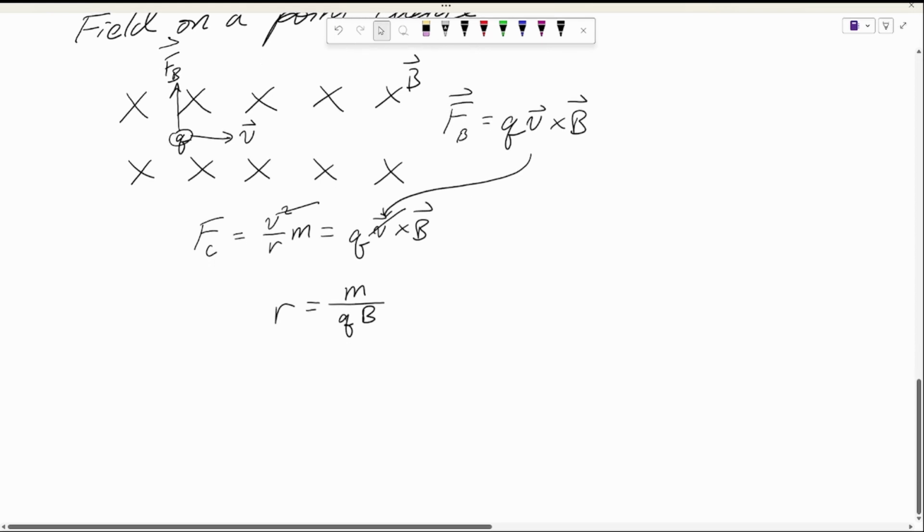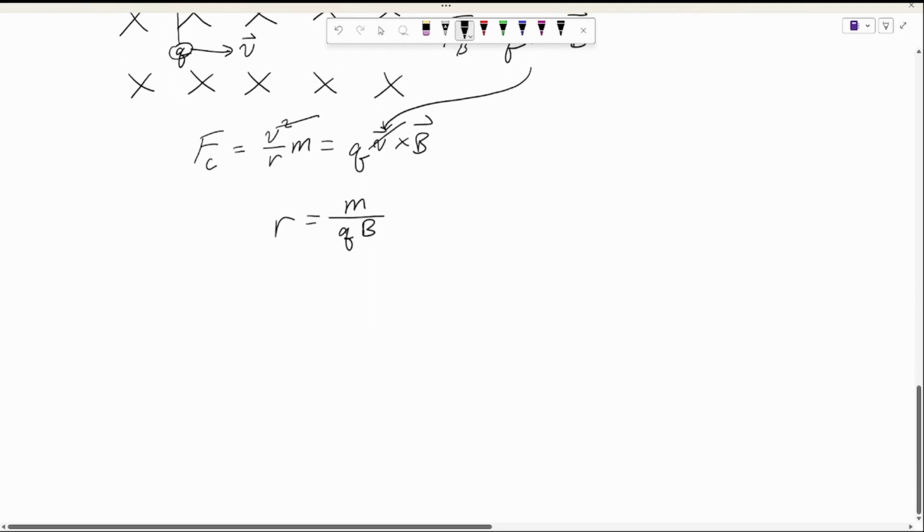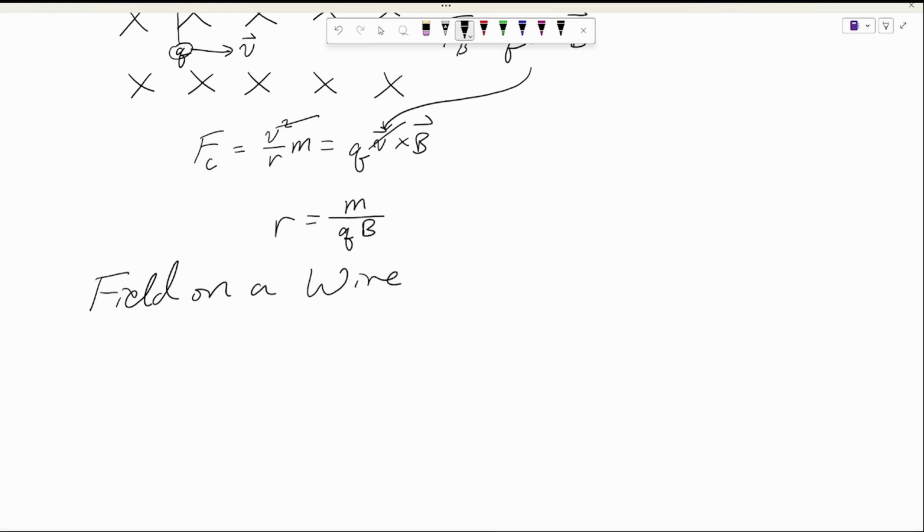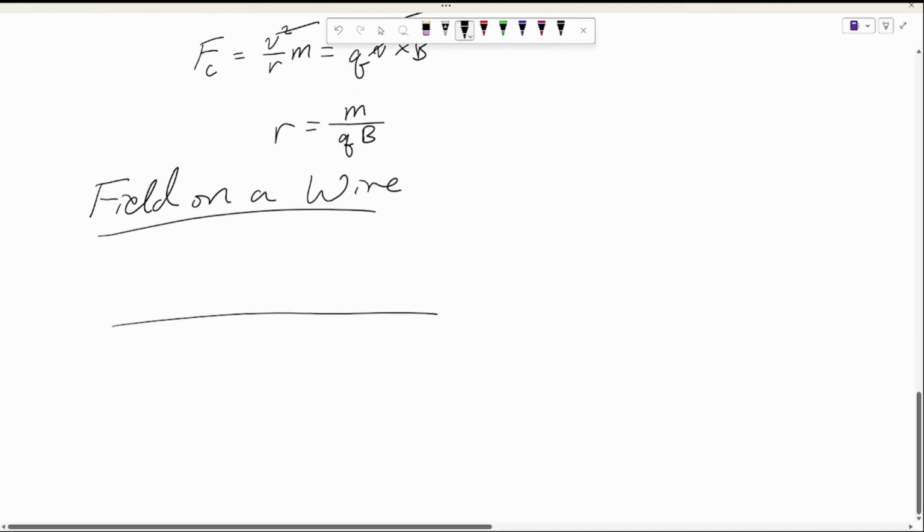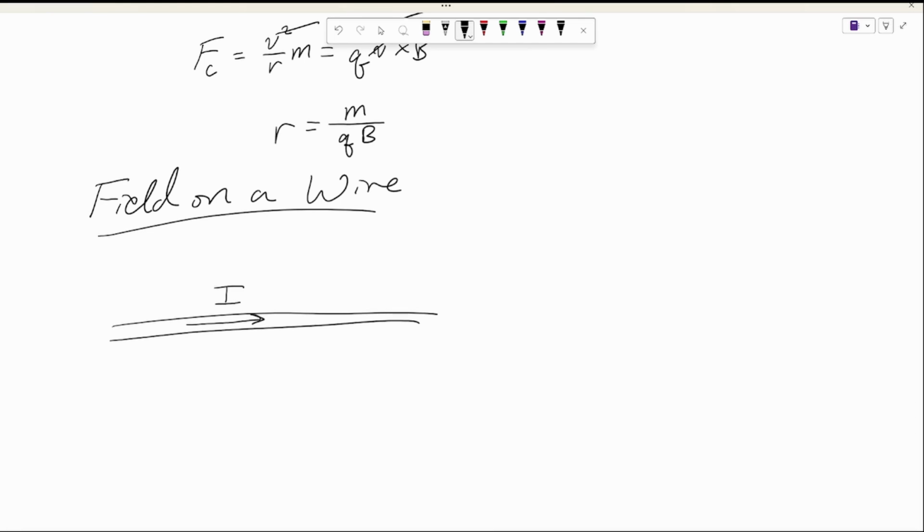Now let's look at the effect of a field on a wire. This can be derived straight from the above. Let's say we have some wire carrying current off to the right, and it's in a uniform B field.